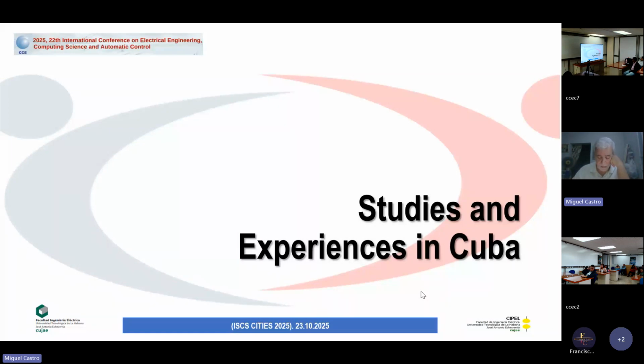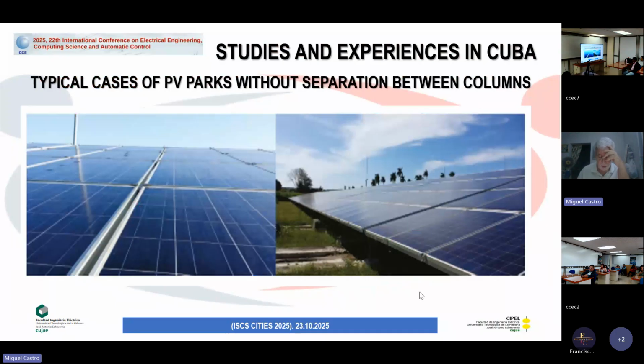These islands are formed from distributed energy sources, including more than 900 megawatts of PV systems already in operation, 40 of which have an installed capacity of 21.8 megawatts. For this reason, the analysis and experience that have been carried out or obtained in Cuba in this regard are highly relevant to the current development of photovoltaic energy in the country.